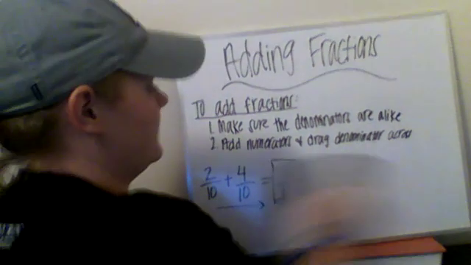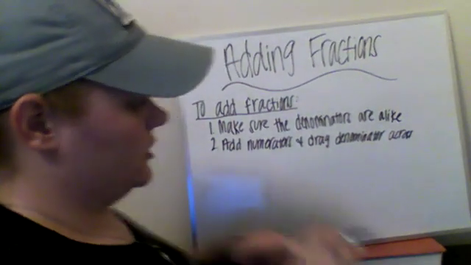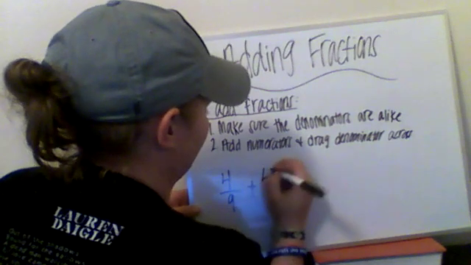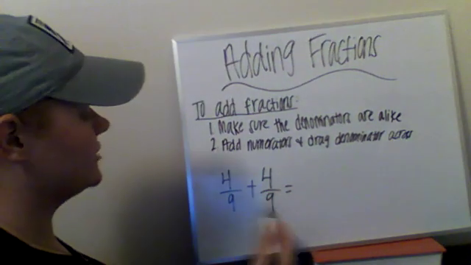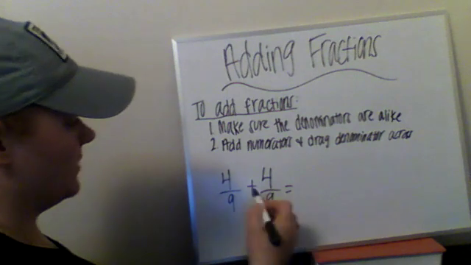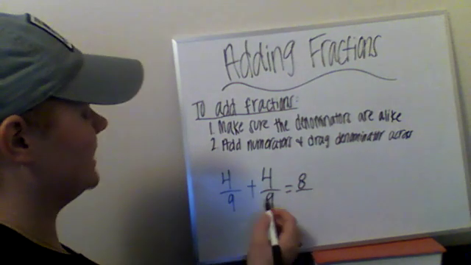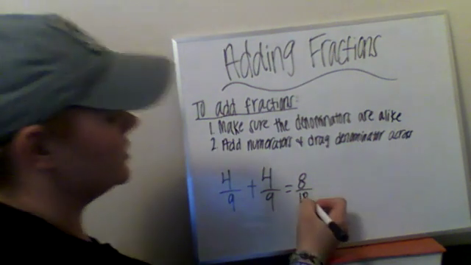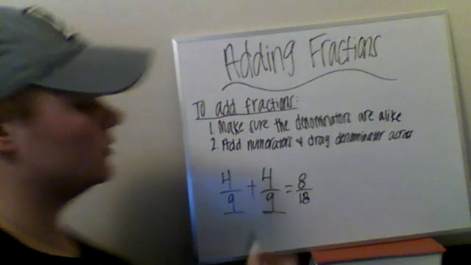Let's look at this, which will make more sense of what I'm saying. If I gave you 4/9 plus 4/9, when you see this, your denominators are the same, so we're going to add. 4 plus 4 is 8. Sometimes you want to do 9 plus 9, which is 18. You do not want to do that because you spent all this time making your wholes equal 9.